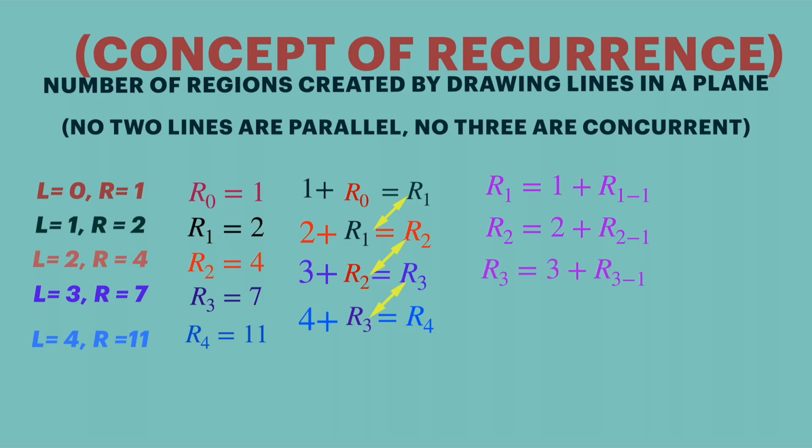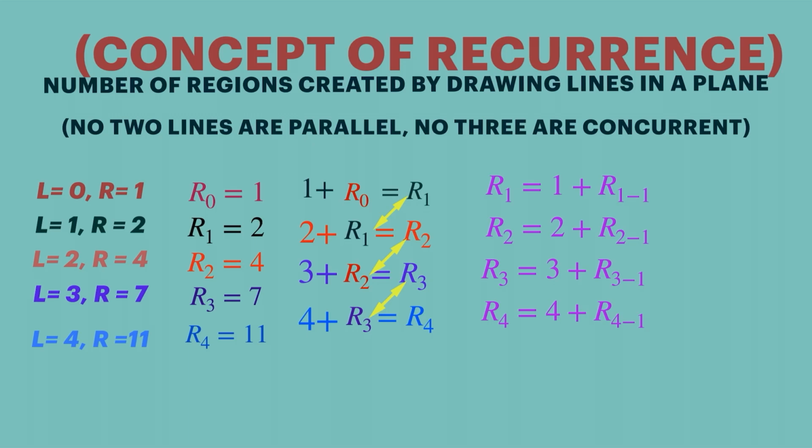From 3 plus R2 equal to R3, we write R3 equal to 3 plus R3 minus 1, and from 4 plus R3 equal to R4, we write R4 equal to 4 plus R4 minus 1.